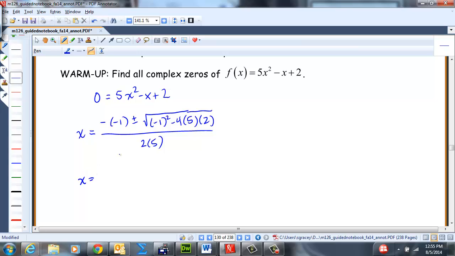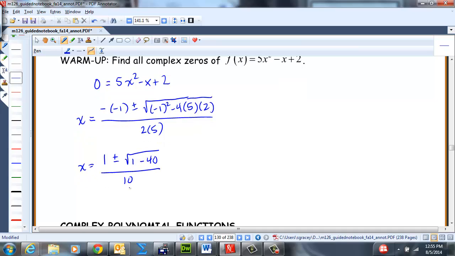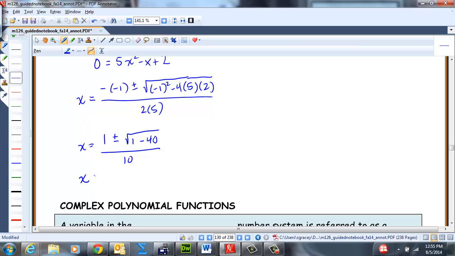So x will be 1 plus or minus the square root of 1 minus 40, all over 10. And then we will have x is 1 plus or minus the square root of -39 all over 10.